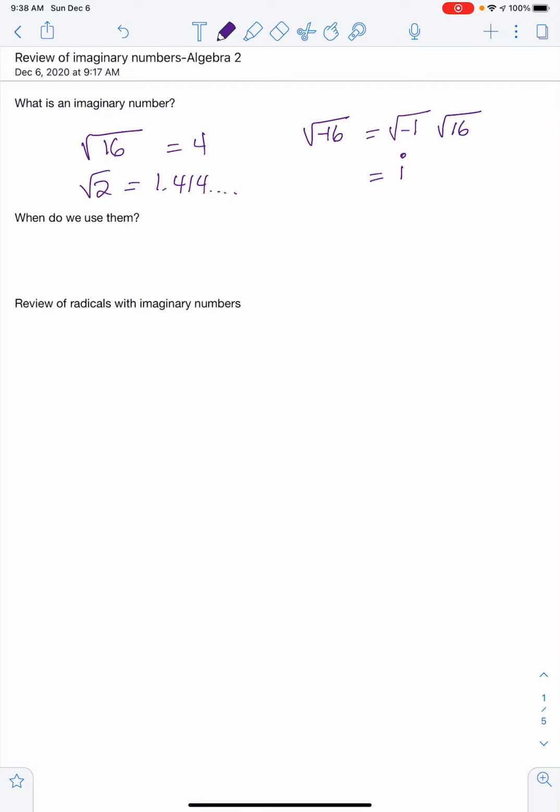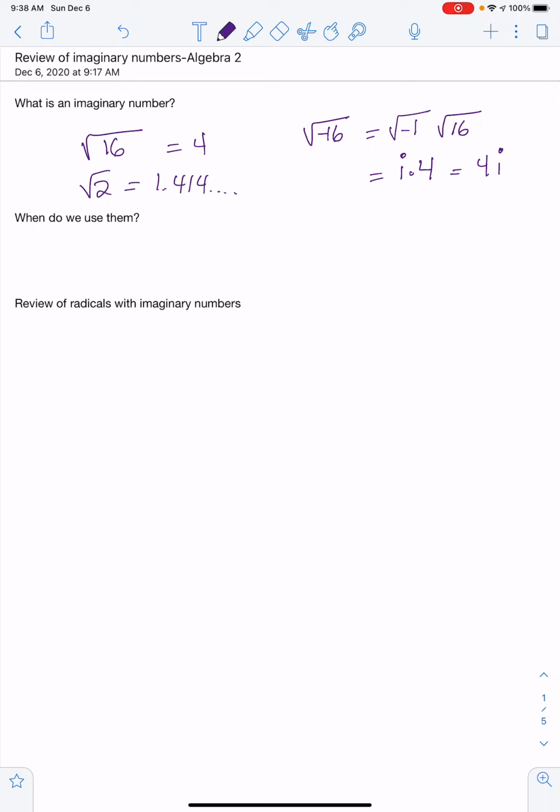And then the square root of 16 is just 4. And so we would typically write that as 4i. And so that's how you get an imaginary number. We're defining that square root of negative 1 as the part with an i.